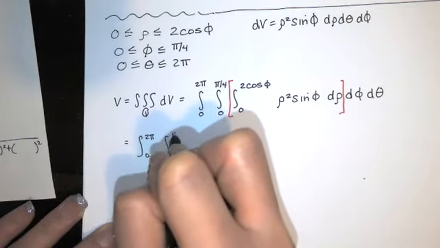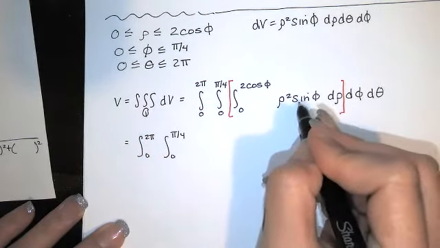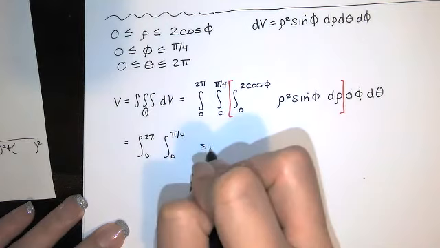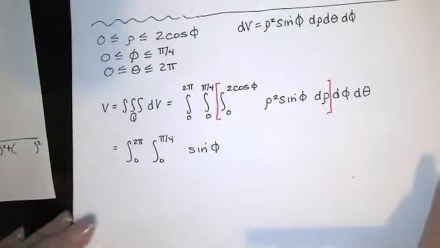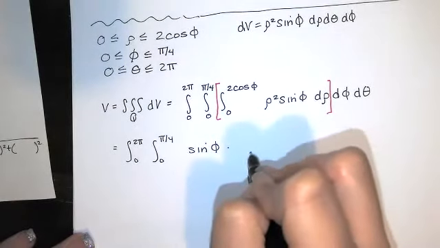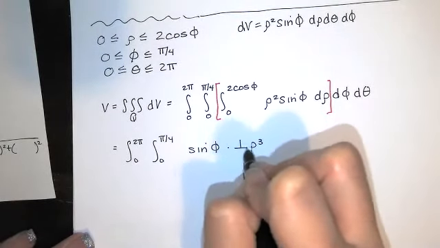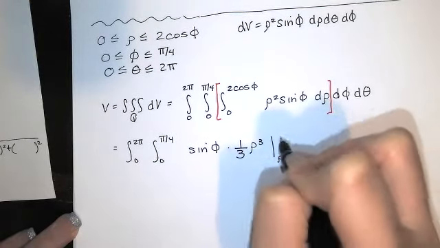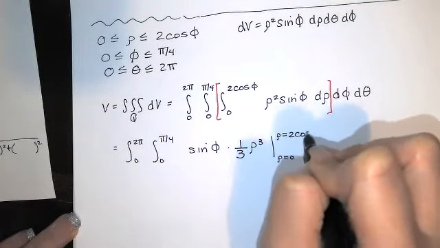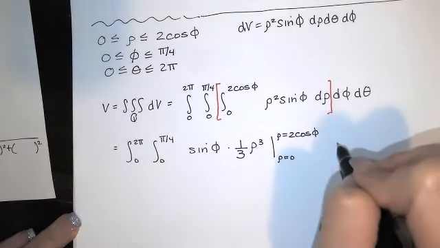So at this point, as far as we're concerned, sine of phi is a constant, so we should take that out. The antiderivative of rho squared with respect to rho just comes from the power rule. Add 1 to the exponent and divide by the new exponent. Then substitute in rho equals 0 and rho equals 2 cosine of phi and subtract.